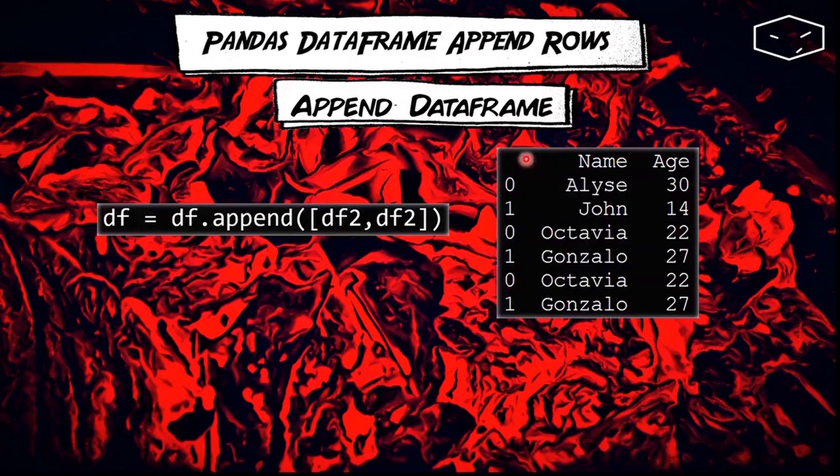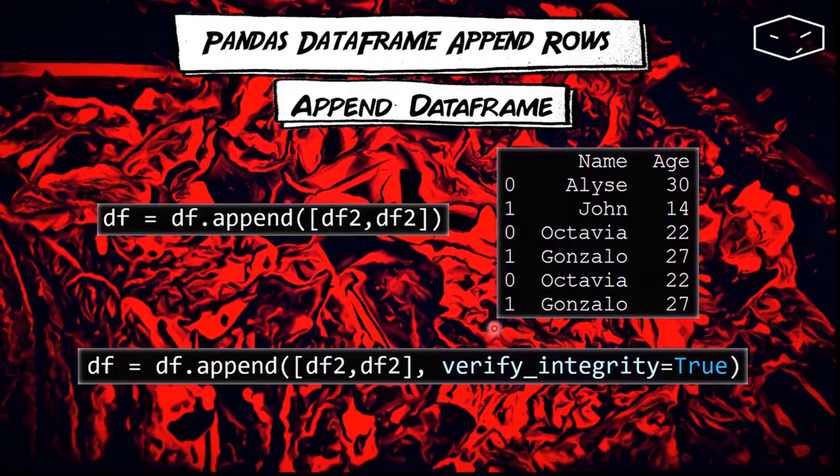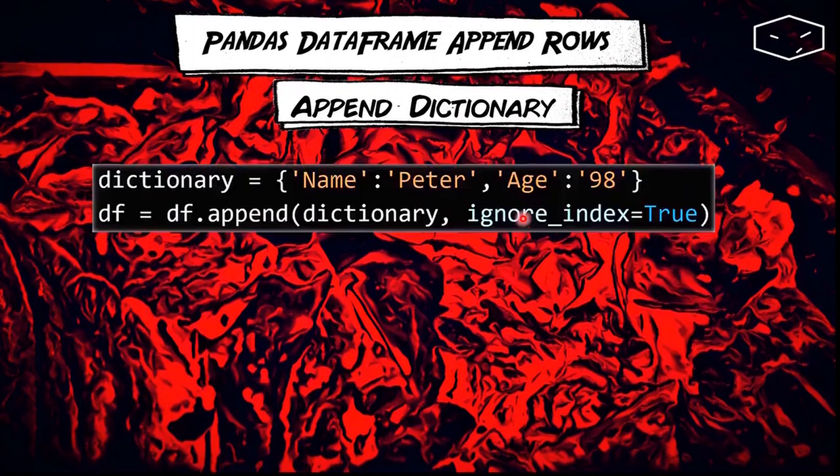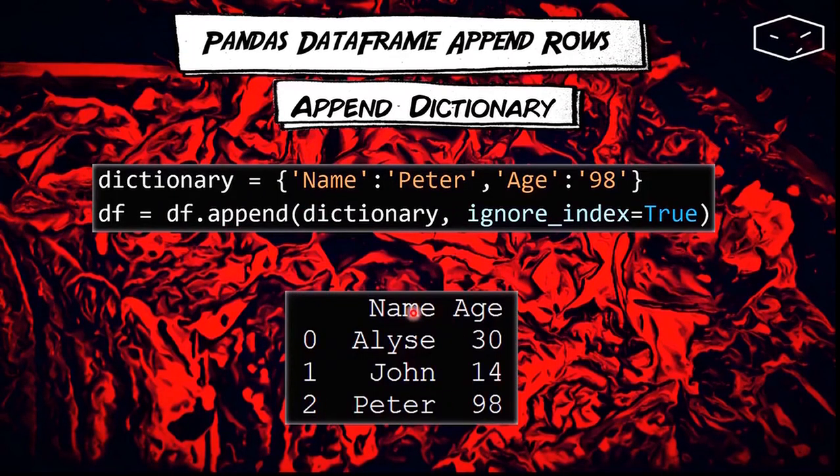The result will be this, and if we want to check if there is a repeated index, we add the parameter verify_integrity. To append dictionaries, we need to call the append function again and pass the dictionary. We get something like this, and this is important because the dictionary doesn't have an index. We must pass the parameter ignore_index.